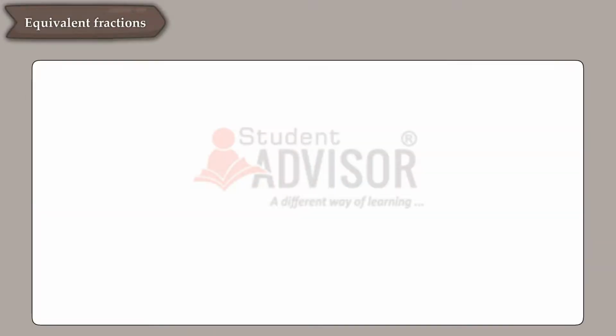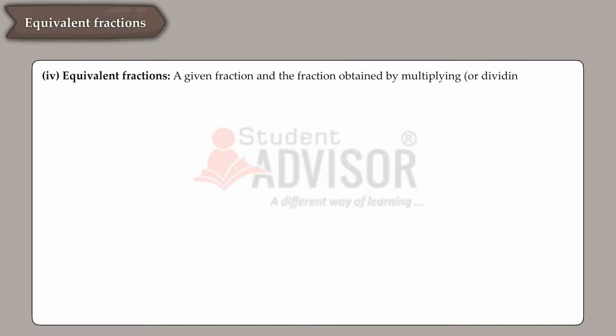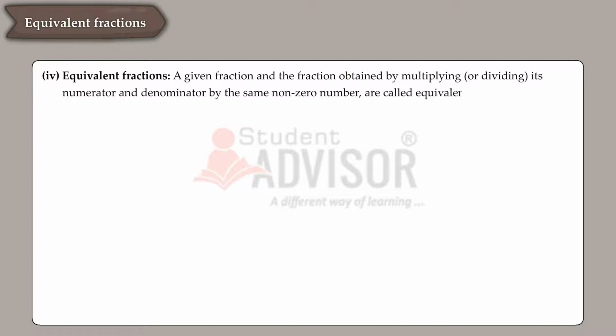Fourth, equivalent fractions. A given fraction and the fraction obtained by multiplying or dividing its numerator and denominator by the same non-zero number are called equivalent fractions. Look at the figures given below.